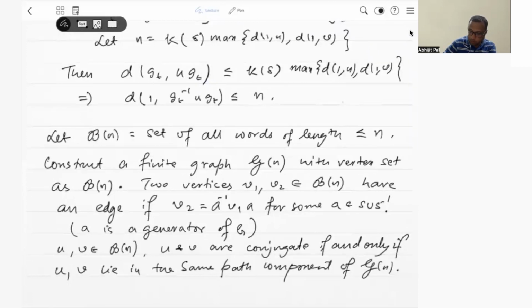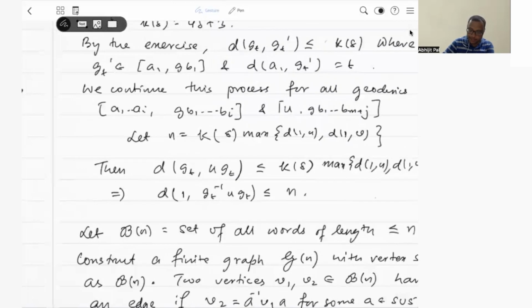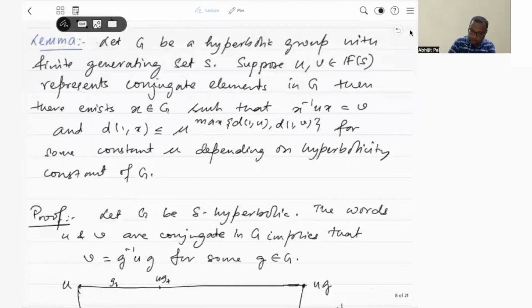We want an element x such that the distance between 1 and x is less than or equal to mu times the maximum of the distance between 1 to U and 1 to V. So we want the length of this x to be uniformly bounded in terms of the hyperbolic constant of G and the distances between 1 and U and between 1 and V. So we want such an x.